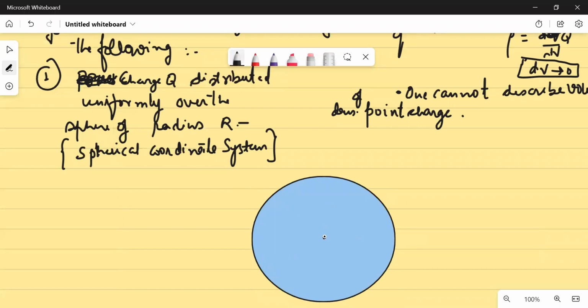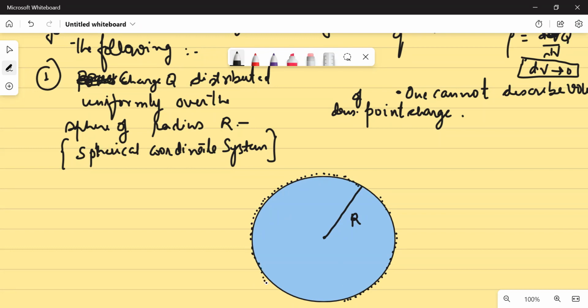Let's say the radius of the sphere given is capital R. Entirely your charge is located on the sphere, and this entire charge is uniformly distributed. So the total charge is capital Q, and it is distributed entirely on the sphere of radius capital R.